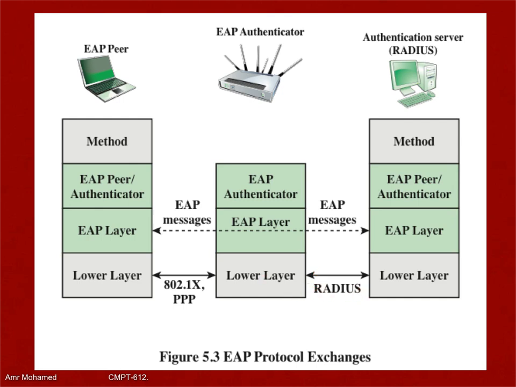This RADIUS protocol will be used as a point-to-point protocol to tunnel these EAP messages from the authenticator all the way to the authentication server. This authentication server could be one of the services that we talked about. Any question here? So this is the layered model for the authentication messages.